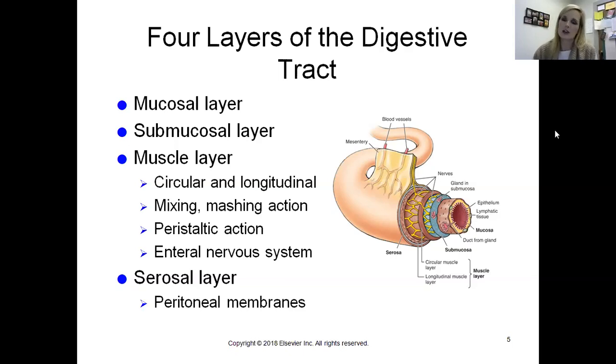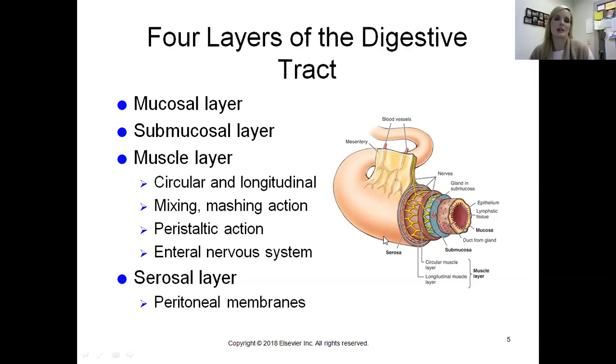The last layer is called the serosa, or the serosal layer, which is just made up of what's sometimes referred to as the peritoneal membranes. Your peritoneum is simply just the name given to the membrane that surrounds your digestive organs and that abdominal layer down there in your abdomen.